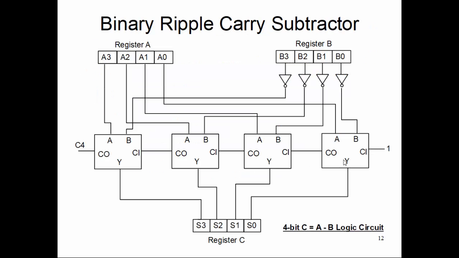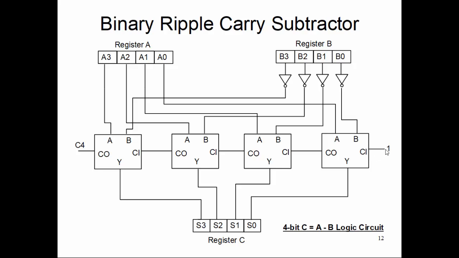So what we can do is pick up our daisy chain ripple carry adder, where all the bits of register B go through inversion gates, so B bar is feeding into my addition circuit, and my first carry in, the default carry in, is 1.